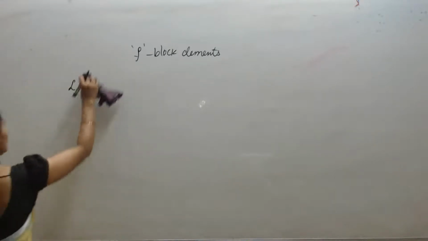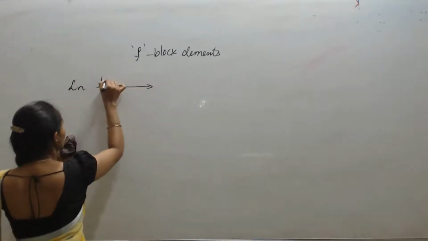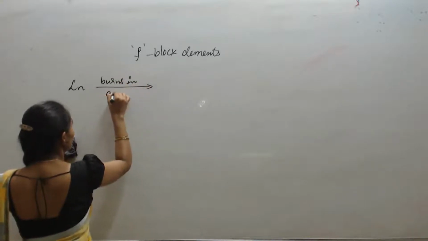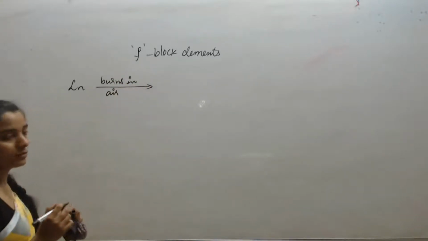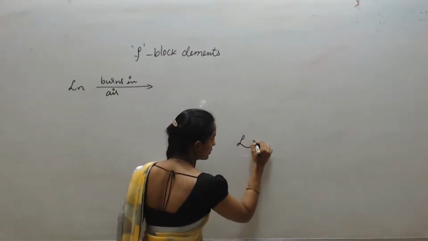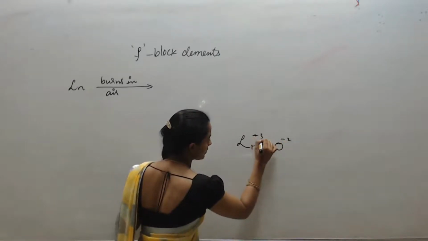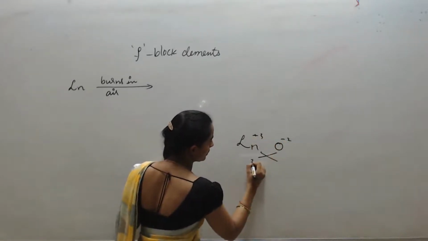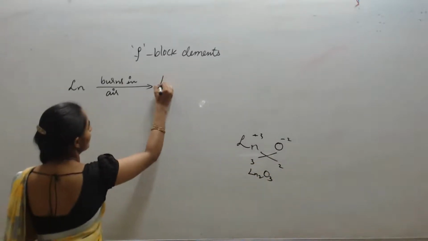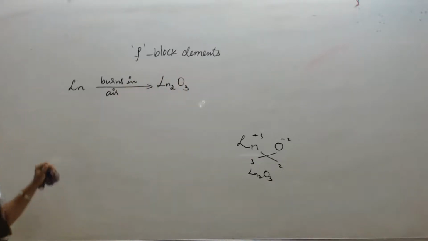When lanthanum reacts in the presence of air, air of course means oxygen. It is -2, and this is the +3 state. If you cross multiply this, you will get Ln2O3. So it forms lanthanide oxides.